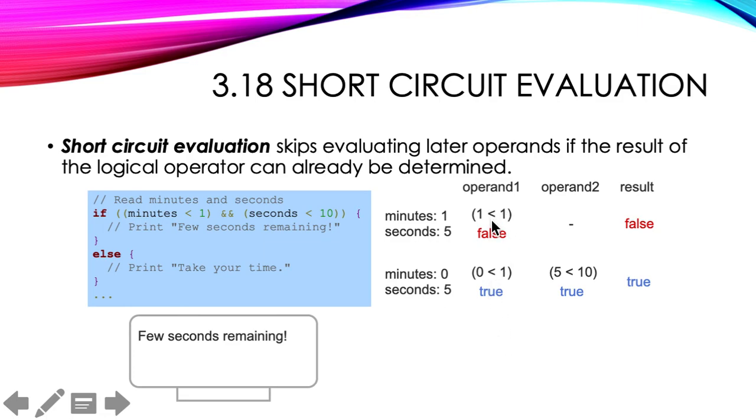So in this case, 1 minute is not less than 1 minute, so it's false. In this case, 5 seconds is less than 1 minute, and 5 seconds is less than 10 seconds. Right, so it's true. So a few seconds remaining.